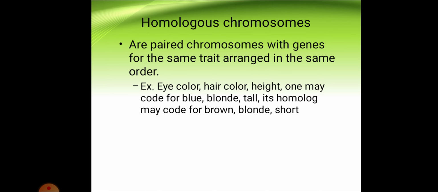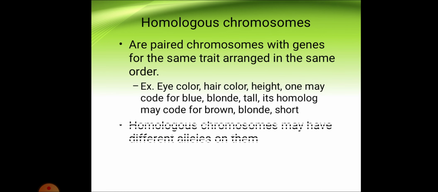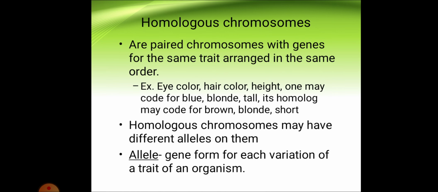Its homologue may code for brown, blonde, or short. Homologous chromosomes may have different alleles on them. Allele, ibig sabihin po ng allele, gene formed from each variation of a trait of an organism.